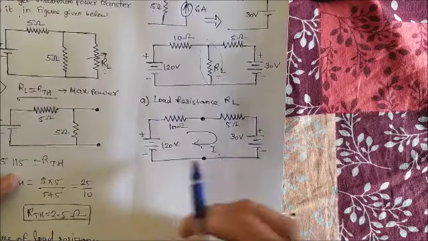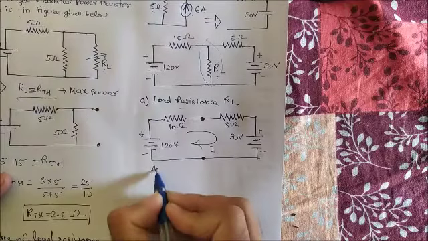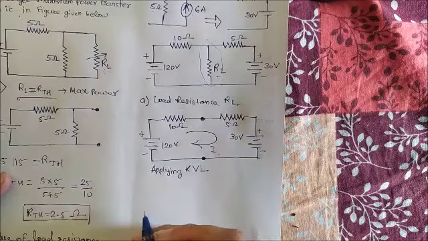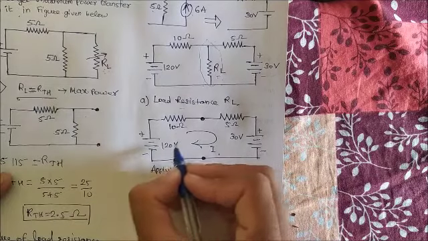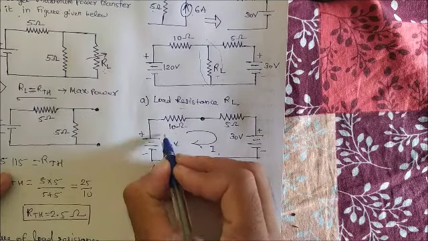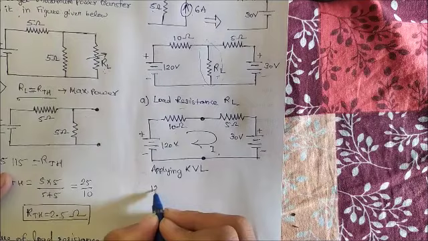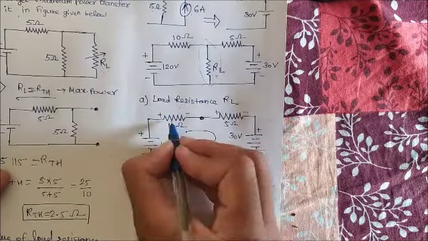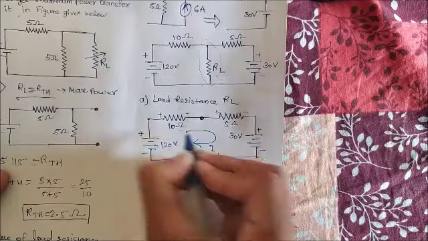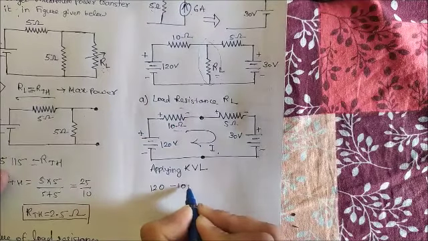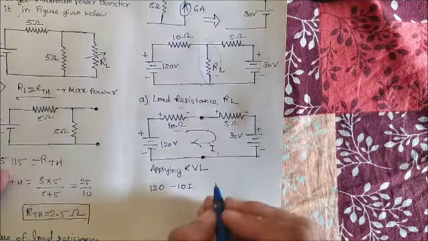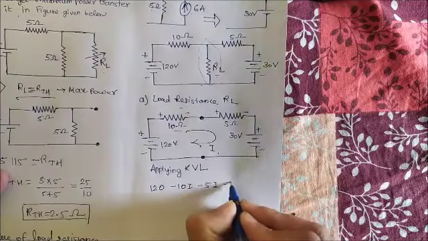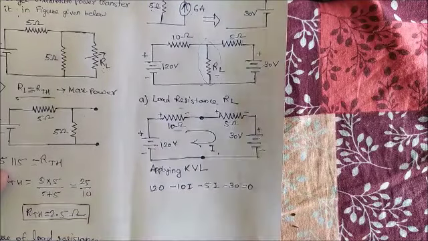Okay, this is your loop current I, and then applying KVL. See here, current direction will be minus to plus, that is potential rise is there, therefore 120. Here plus minus and plus minus, that is potential drop is given in this direction. So minus 10 I, again potential drop minus 5 I, and again potential drop, and hence minus 30 is equal to 0.